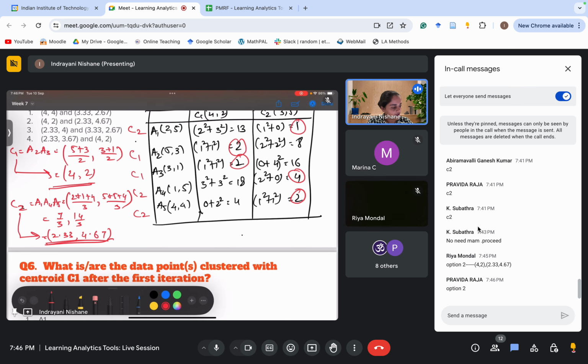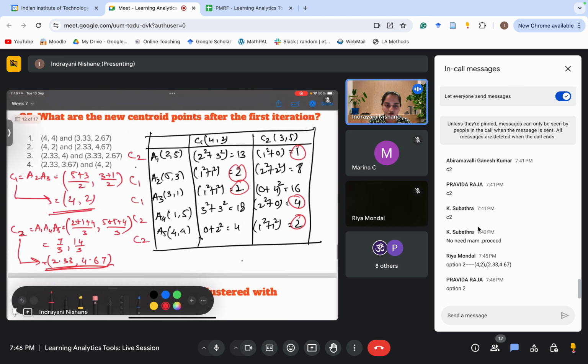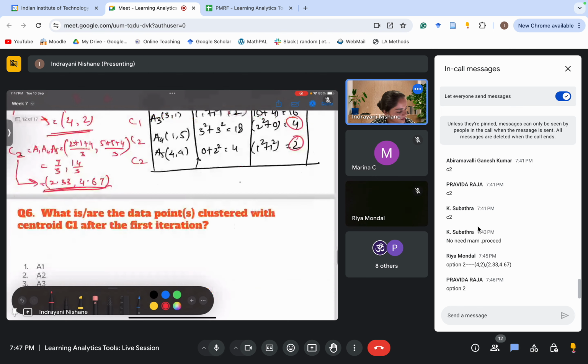I hope this is easy to follow for you, Riya, and you got the answer correct, right? You got which option is correct. I think the correct answer is option 2: 4 comma 2 and 2.33 comma 4.67. Yeah, option 2.